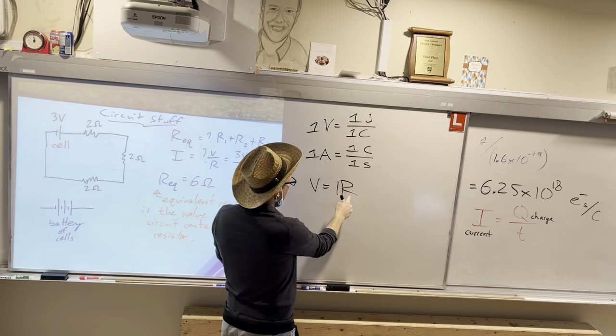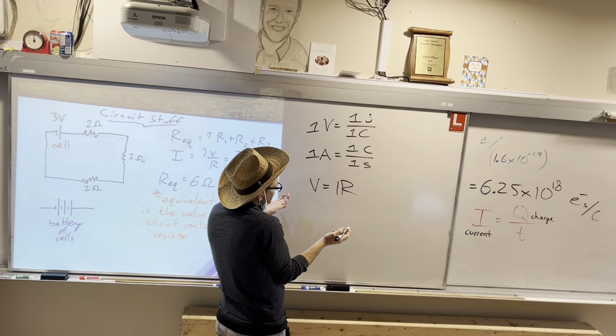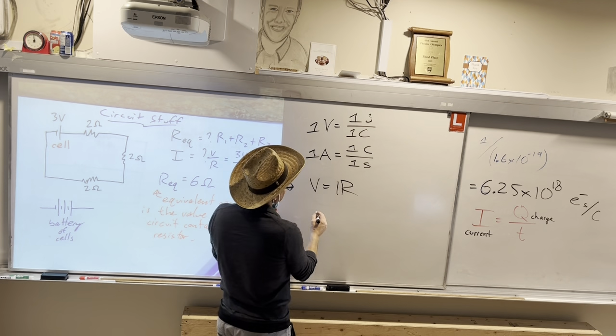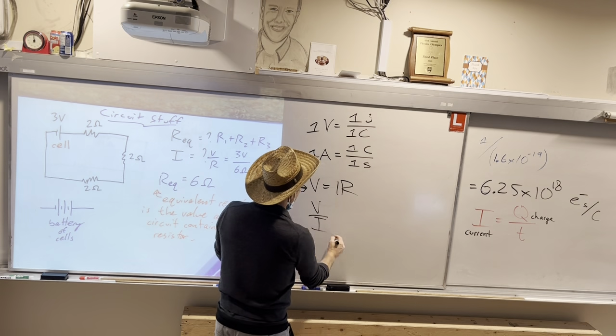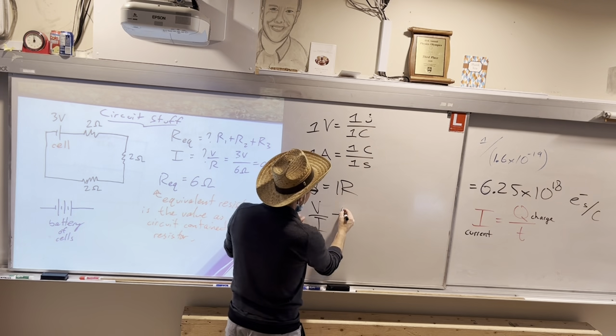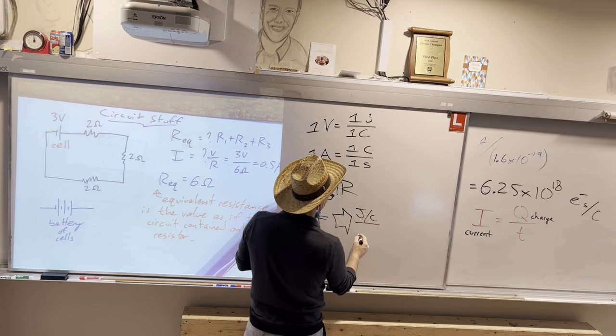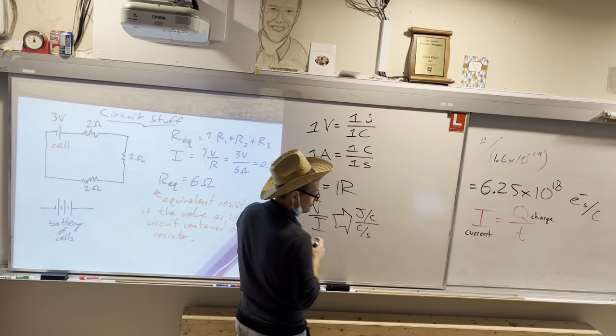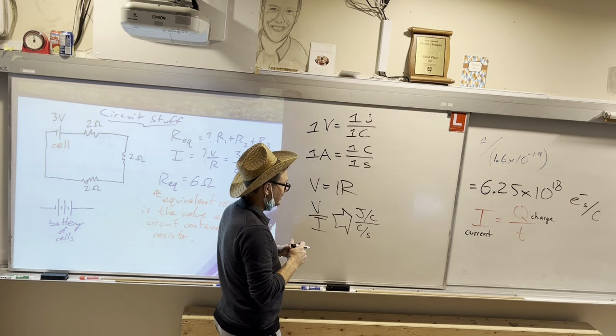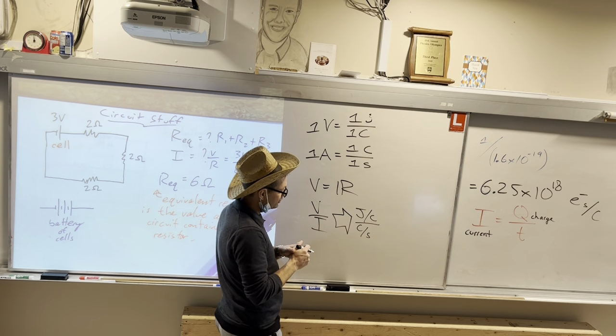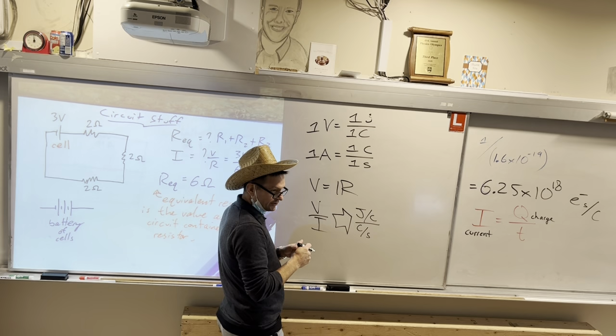Yeah, so an ohm, tell me what an ohm would be. If you have a volt, ohm is for this, in units, that would be like a joule per coulomb over a coulomb per second, right? So that's a joule per coulomb. It's joule second per coulomb squared.